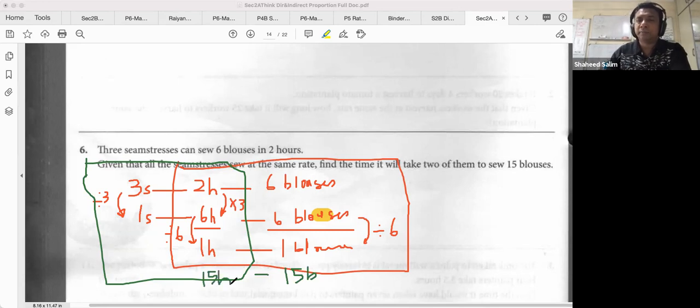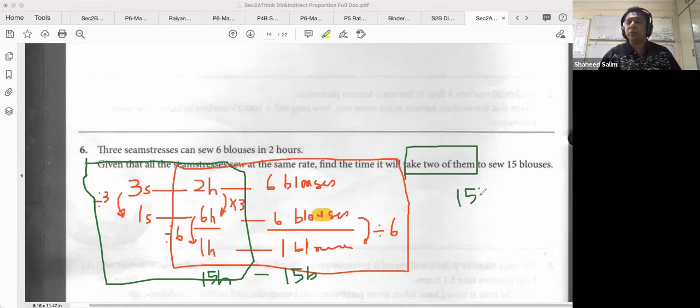Correct. And if there are 2 seamstresses, this 15 hours is going to be divided by 2. So you get 7.5 hours each.